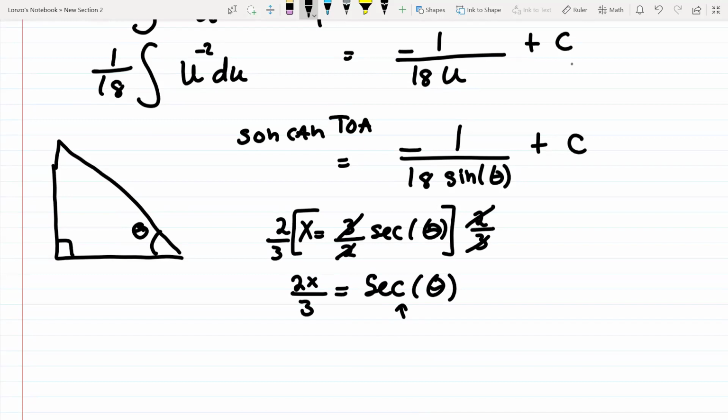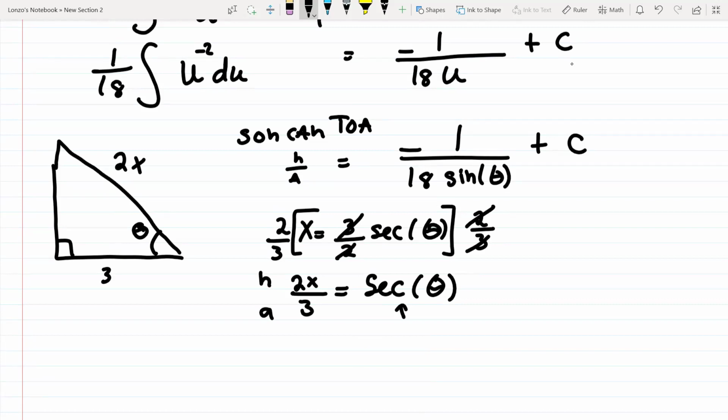Cosine is adjacent over hypotenuse, so secant is hypotenuse over adjacent. So this 2x is your hypotenuse, and this 3 is your adjacent side of theta.